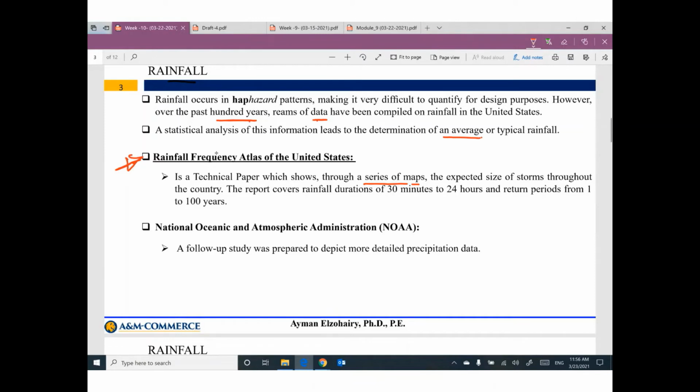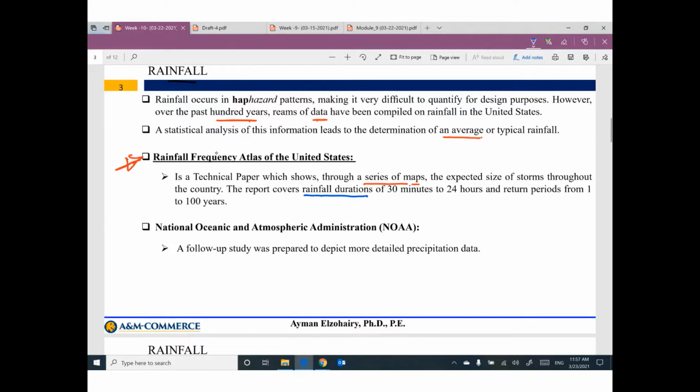The report covers rainfall duration of 30 minutes to 24 hours and return period from 1 to 100 years. Before we continue, let us understand rainfall duration. We expect rainfall tomorrow will last for 1 hour or 2 hours. The duration is the time or the period of the rainfall during the day.